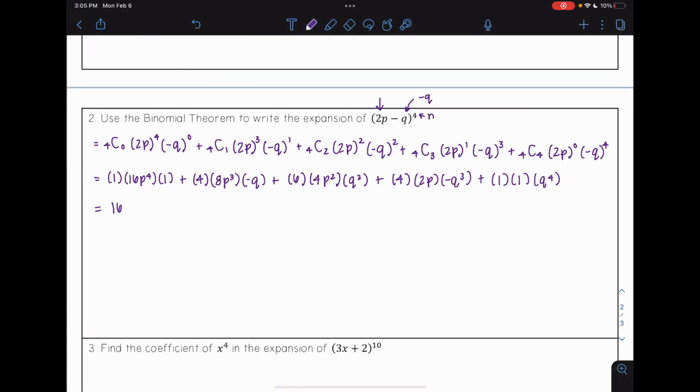I get 16p to the 4th plus 4 times 8 is 32. I'm going to have a minus sign here, so I have minus 32p cubed q plus 6 times 4 is 24p squared q squared. Minus 4 times 2 is 8p q cubed, and then plus q to the 4th.